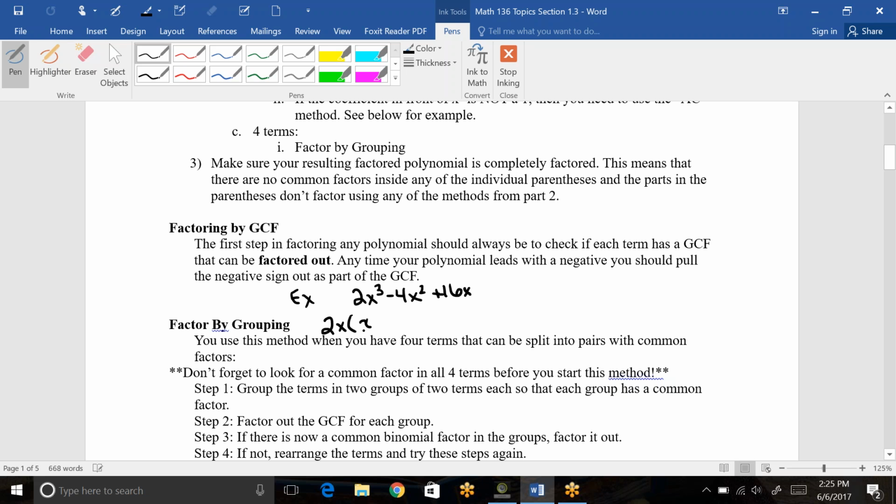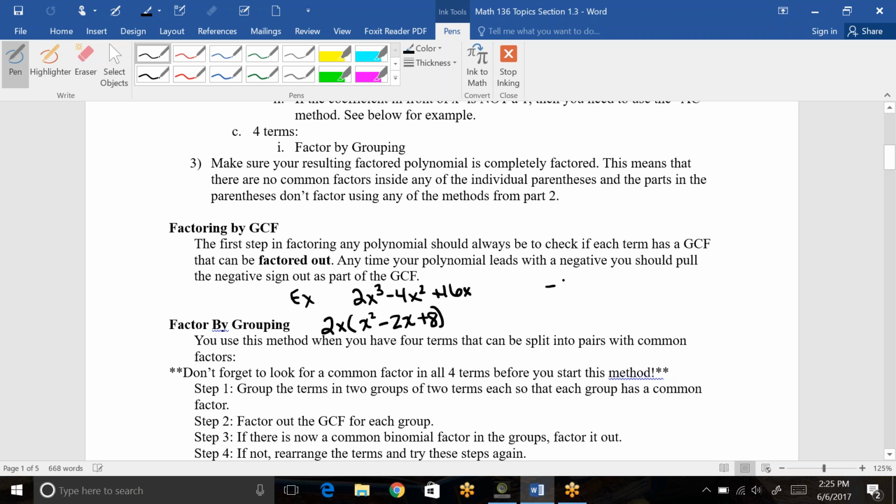That would make this x squared, because x cubed take away 1 would be x squared. Negative 4 divided by 2 would be negative 2, and x squared take away 1 x would just be x. And 16 divided by 2 would be positive 8, and then you take away the x. And then, of course, we would have to check to see if this factors further. I'm not worried about that right now, but this is all you do to factor out the GCF.